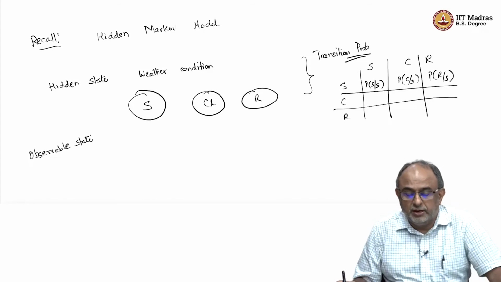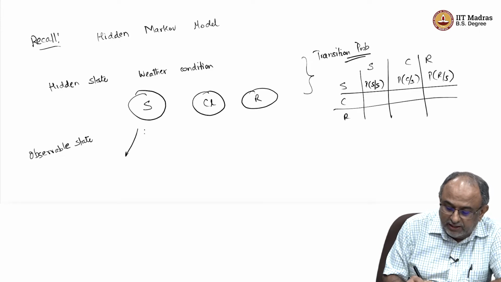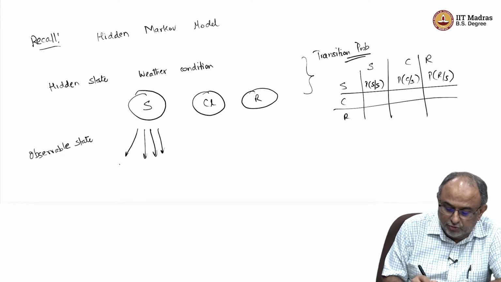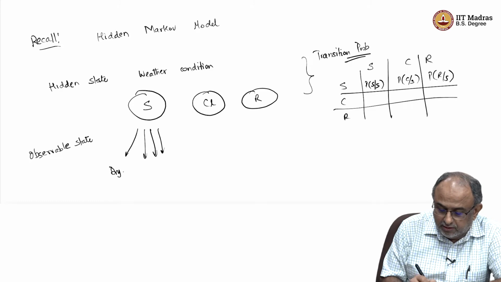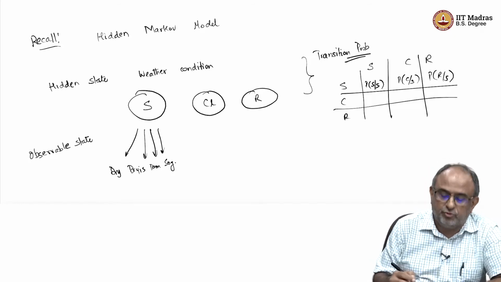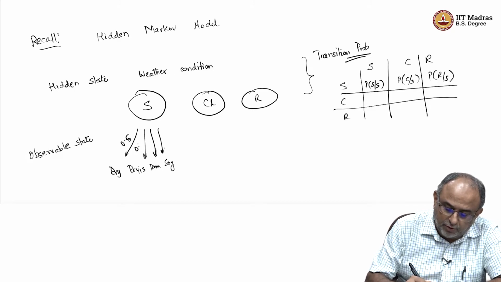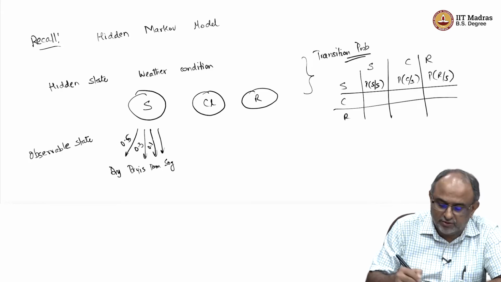Observable state. Okay. What is the observable state? The observable state had, let us say, 4 things: dry, dryish, damp and soggy, and this had certain probabilities, right. So, there was a probability of this being 0.6, then this being 0.5, 0.3, 0.1, something, right.